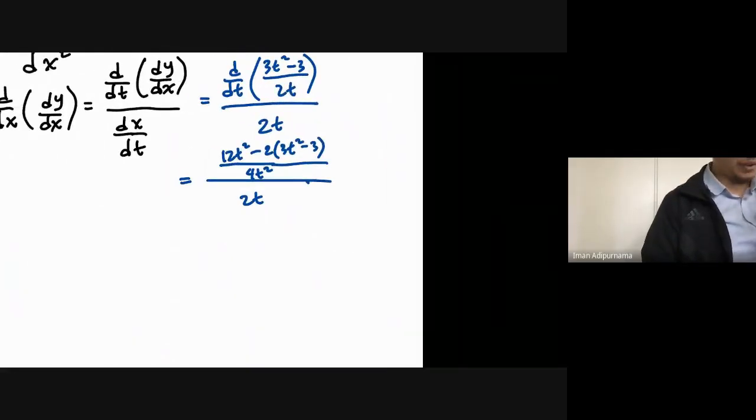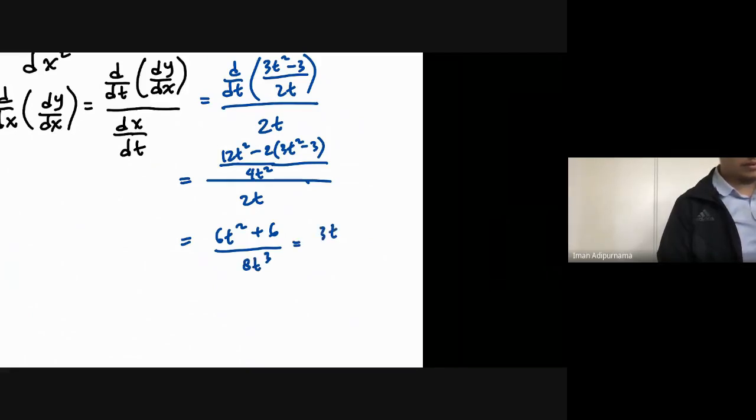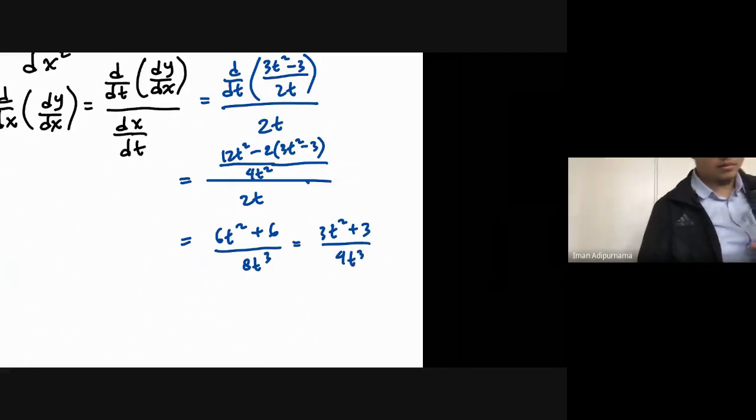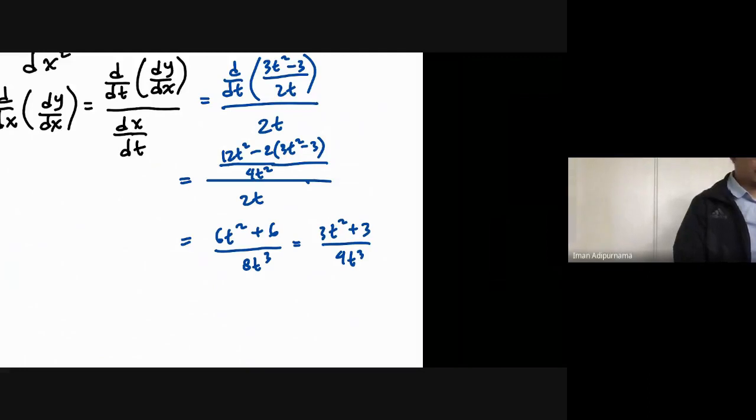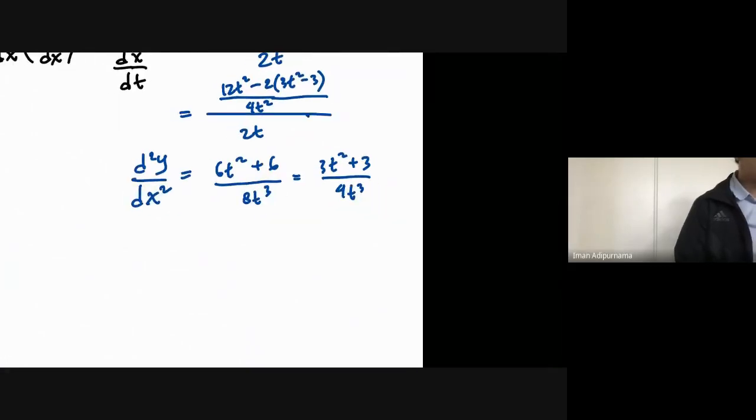Right, 6t times 2t, yeah, 12t squared, right? And we can write this solve. Okay, at least we get the equations. Okay, this is our second derivative.